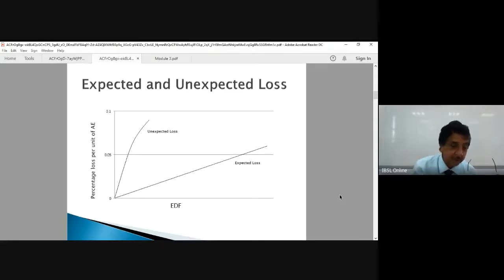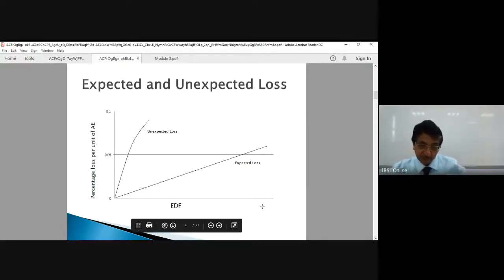Or in other words, for different EDF and exposure default figures, how can the expected and unexpected loss vary? So that is the explanation I'm trying to convey through this graph. Now just look at it.